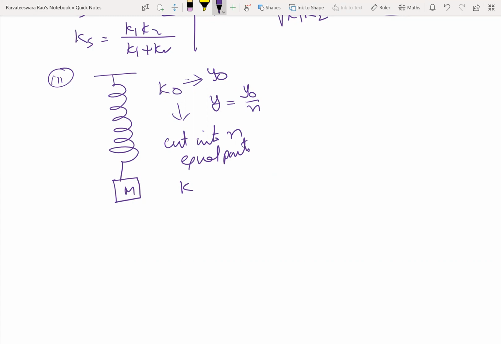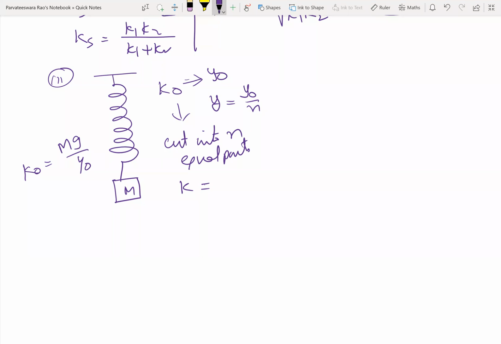So k will be equal to, how much will it be? y by n. k is equal to f by y. k naught is mg by y naught.